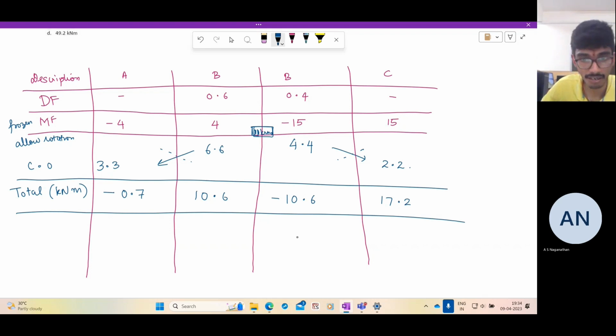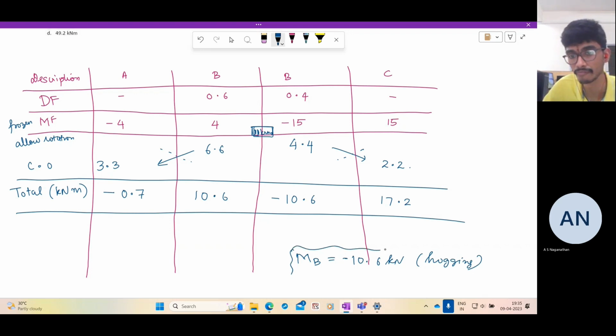So what is the moment at the joint B? The total moment at the joint B is 10.6 kilonewton meter hogging. On the right end, if you have a clockwise moment, it means it's hogging. That is well known.